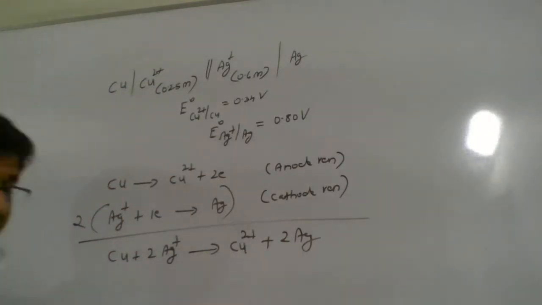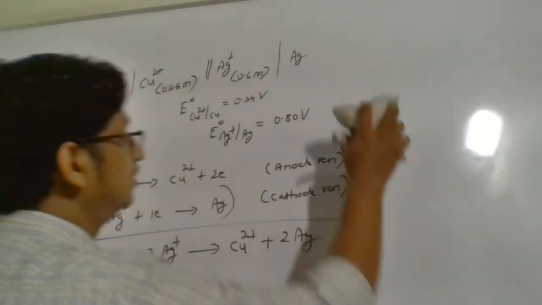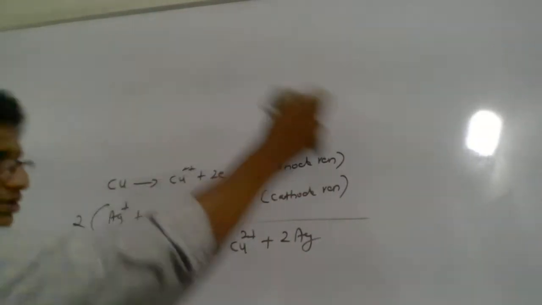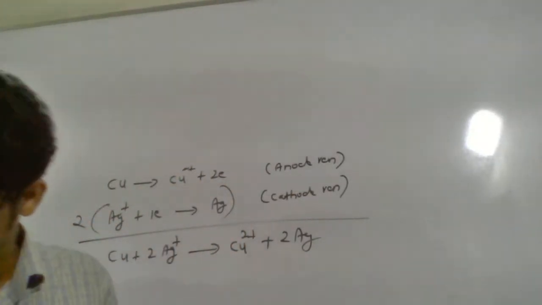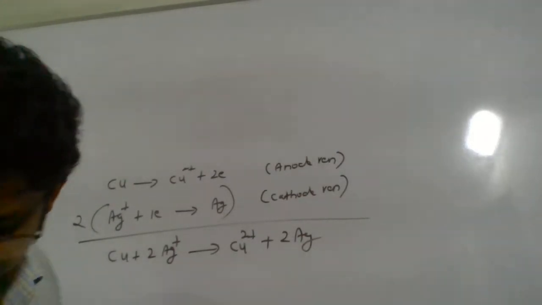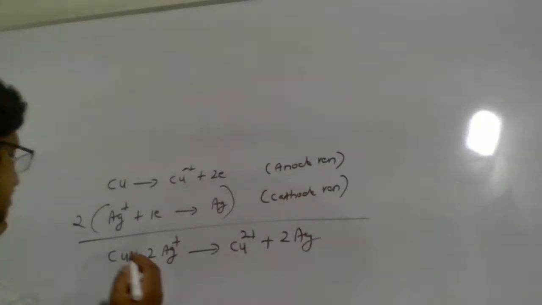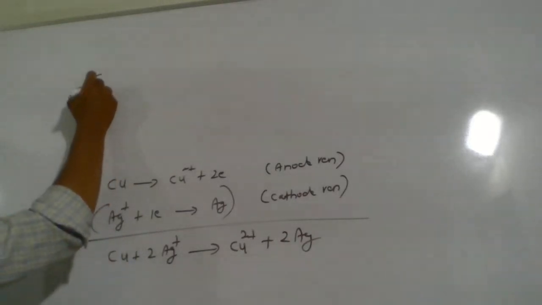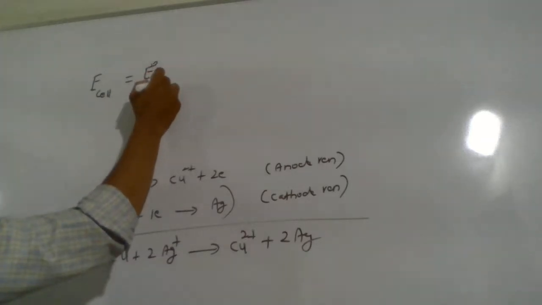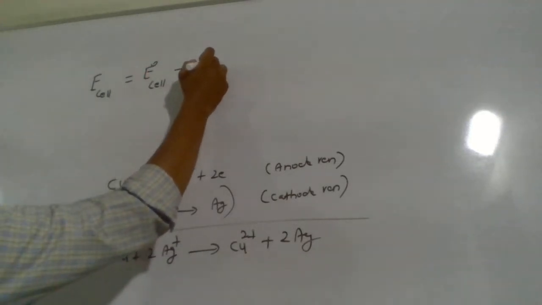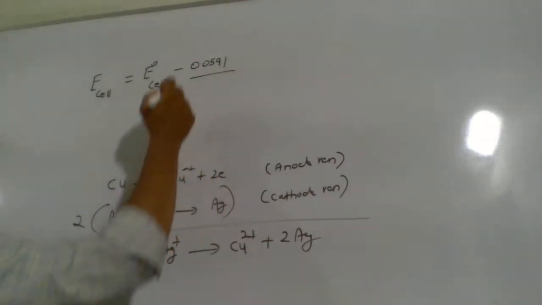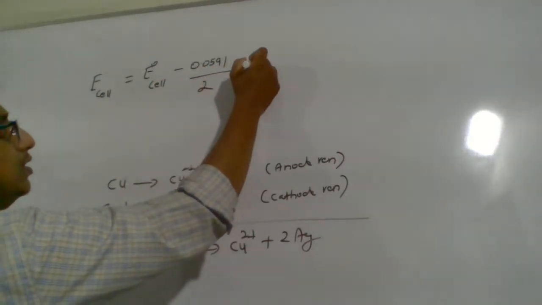Now let us apply the Nernst equation and find the EMF of the cell. First let us write the equation: E cell is equal to E0 cell minus 0.0591 divided by n. n is 2 here because 2 electrons are involved.